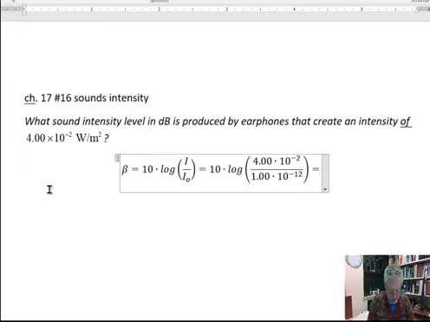All right, so I'm going to do this one here. Let's see. 10 times the log of 0.004, I did that without sig figs, and then divide by 1 e negative 12. I hope this works out.